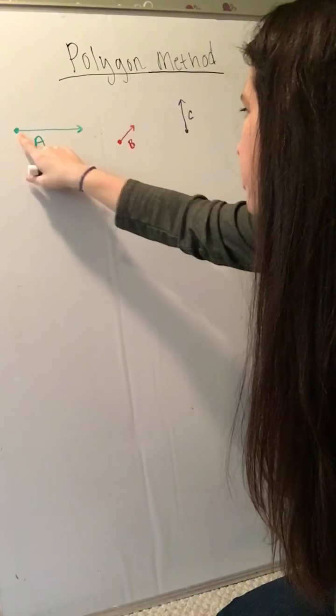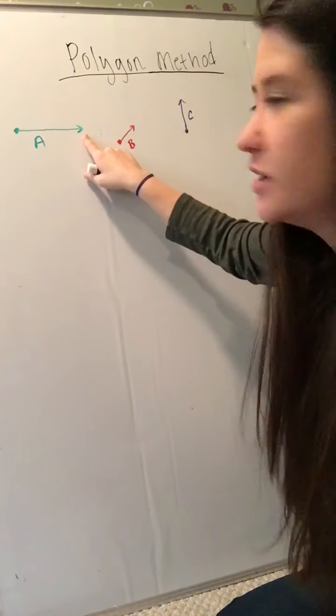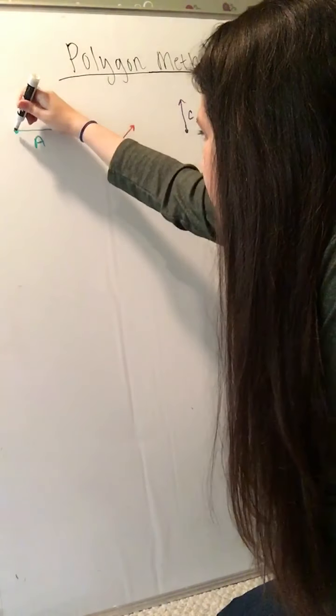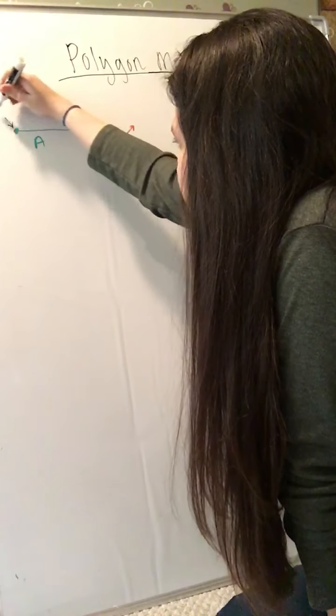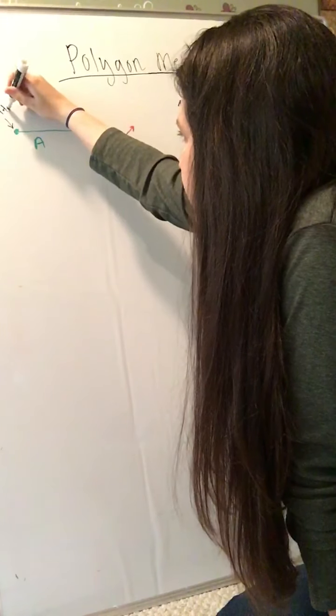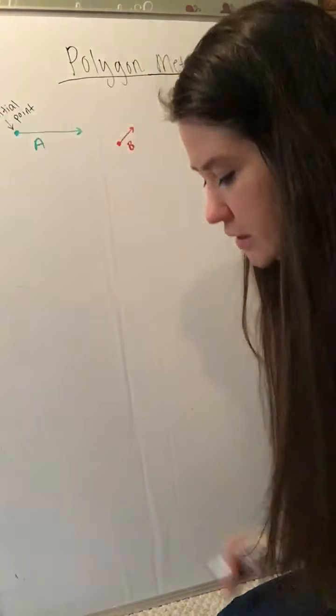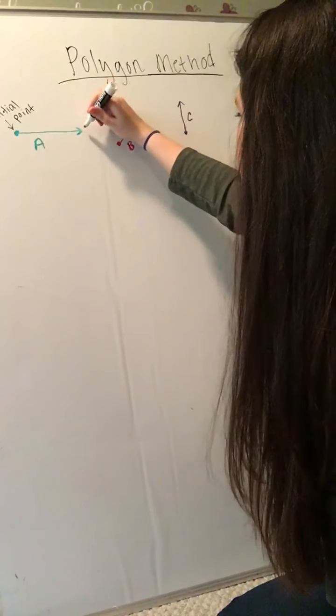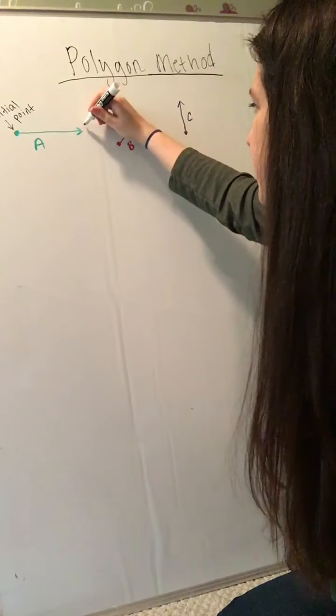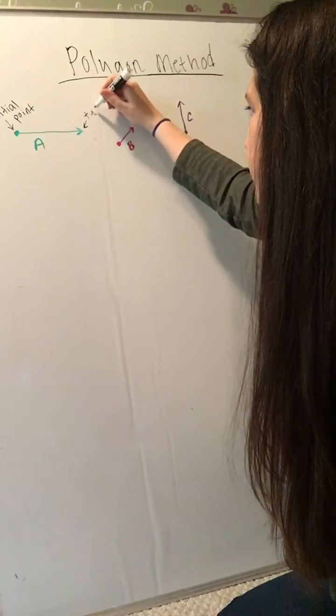There's always a starting point and an ending point for each vector. The starting point, you'll see a point on it. This is called the initial point. And the end of the vector where you'll see an arrow, this is the terminal point.